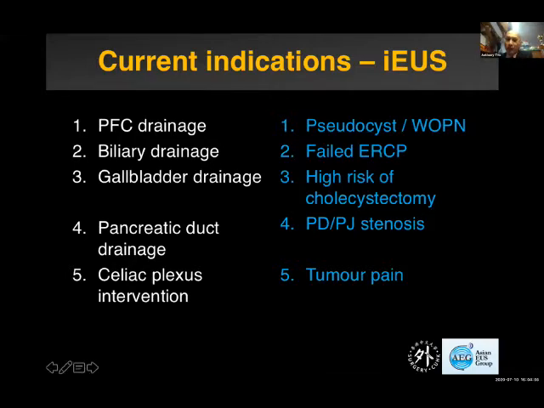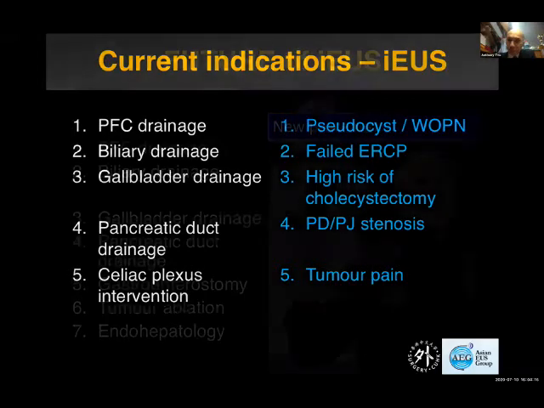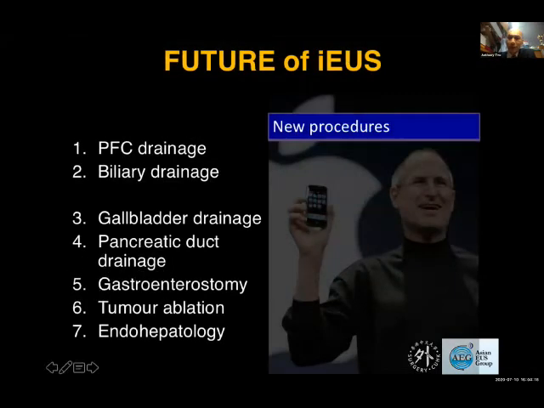Pancreatic duct drainage is for patients with a PD or PJ stenosis. Celiac plexus intervention is mainly for patients with intractable tumor pain secondary to celiac plexus infiltration by tumor. Of course, these procedures can be developed more in the future, and many new procedures can also be considered.